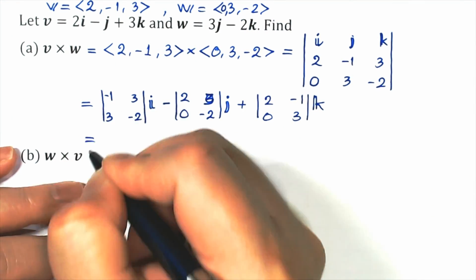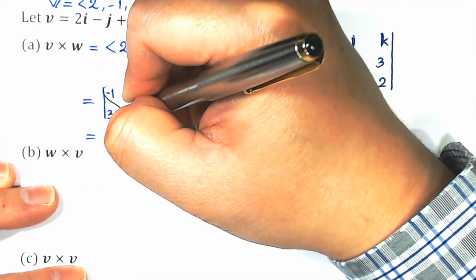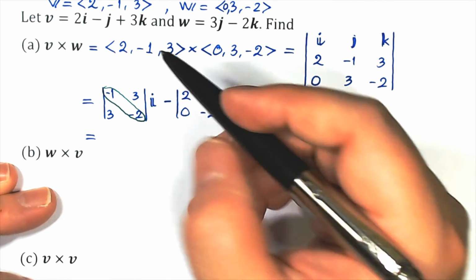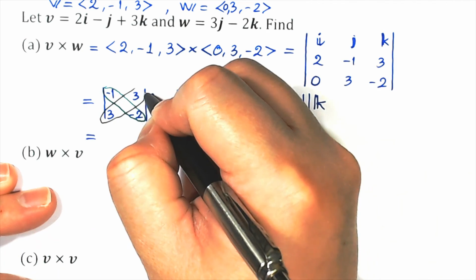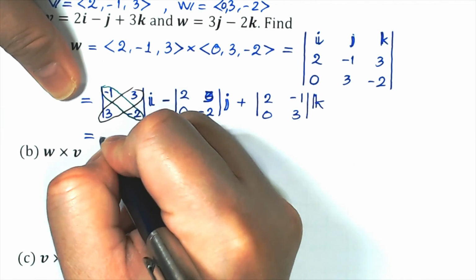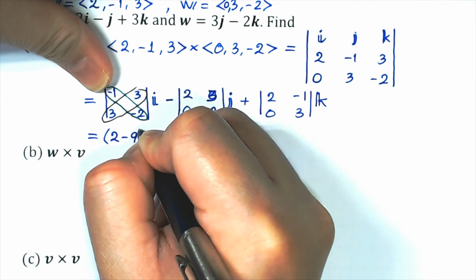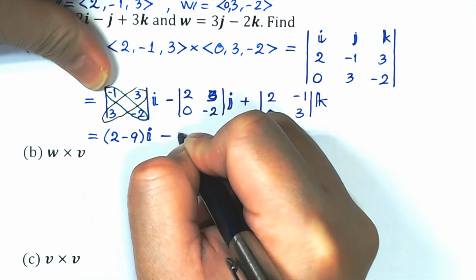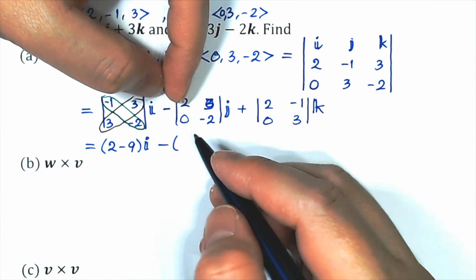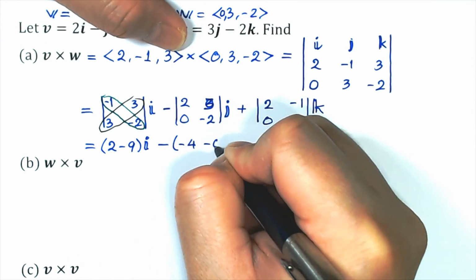Right, now for the 2 by 2 determinant, we take the product of this minus the product of those two. So negative 1 times negative 2 is 2, minus 9. That will be for i. For j, we have 2 times negative 2, that's going to be negative 4, minus 3 times 0, that is 0.